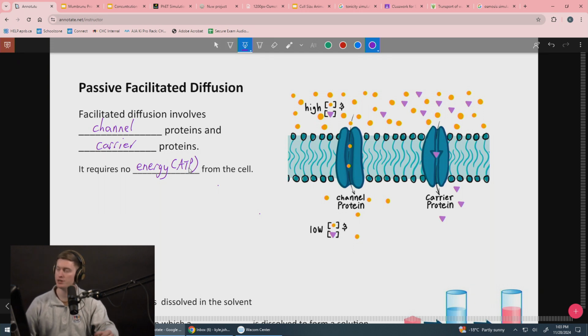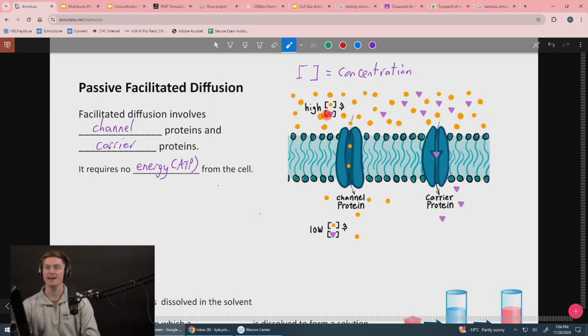It's still diffusion. We're moving from an area of high concentration. These square brackets here mean concentration. So on the outside of the cell here, we have a high concentration of these orange dots and a high concentration of these purple triangles.